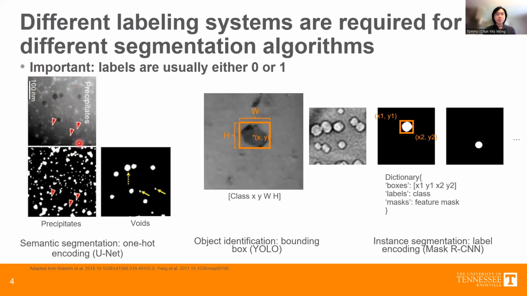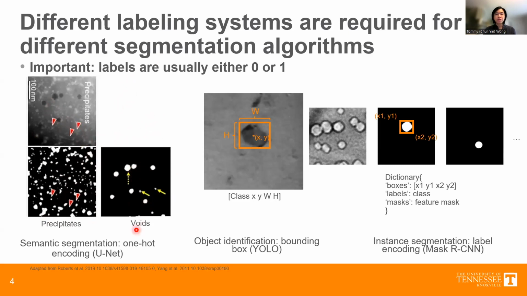To identify this image for the label you're feeding in as training data for the network, you'll have two sets of labels. The first labels will concern the precipitates alone. You'll circle out all the precipitates as one single image, or one single mask as it's commonly known. And for the second mask, you'll have all the voids, and they won't appear on the same mask, but you'll feed both of these masks as one set of training data for the network.